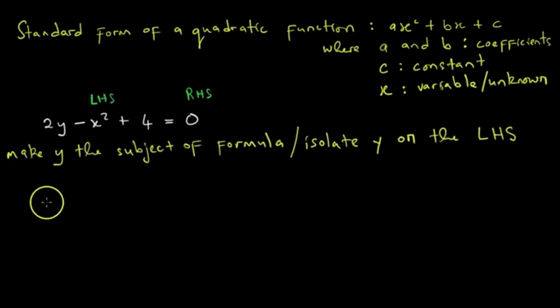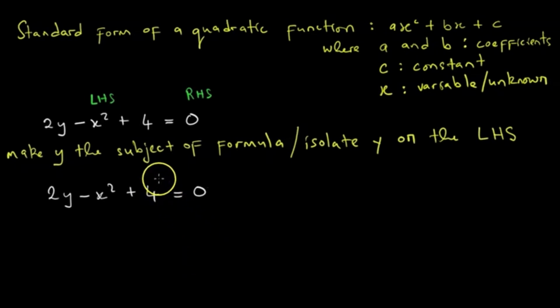So in order for us to be able to do that, we have 2y minus x squared plus 4 is equal to 0. In mathematics, we should always have an idea of where we want to go, the result we are expecting. So in this case, we want to isolate y.